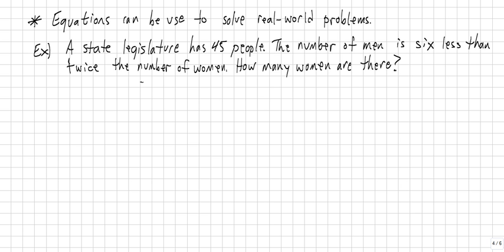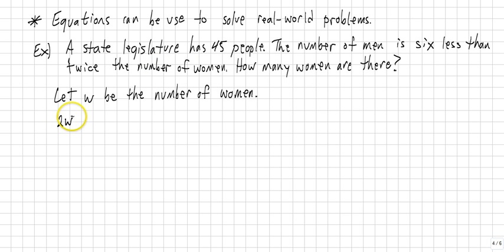So again, you can choose your own variables. I'm going to let W be the number of women. And then the number of men is 6 less than twice the number of women.